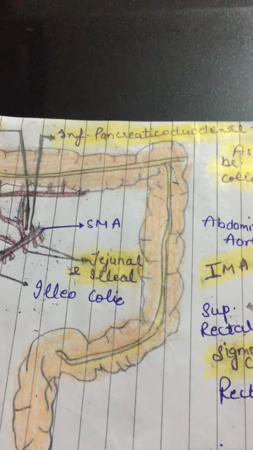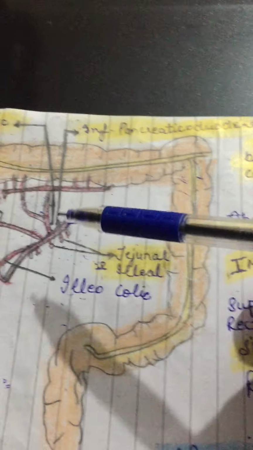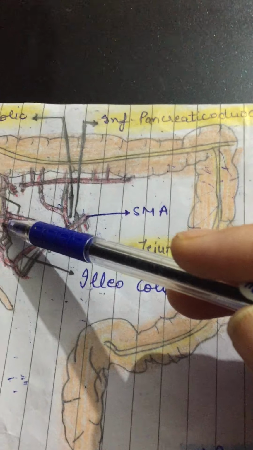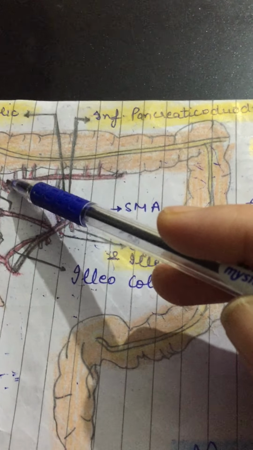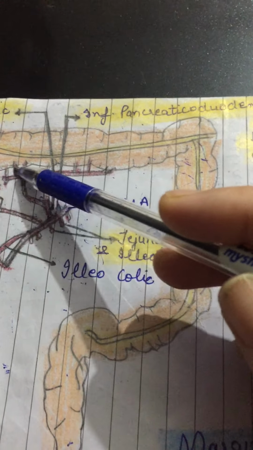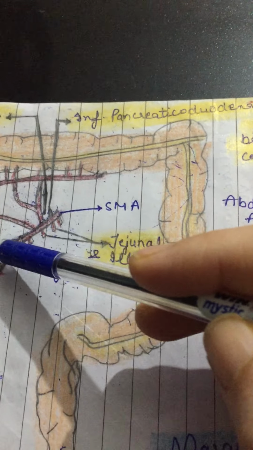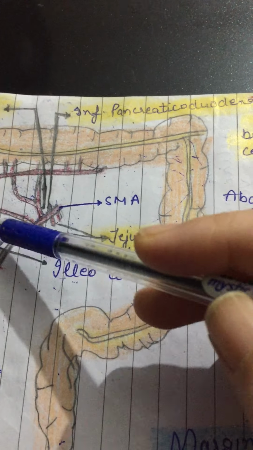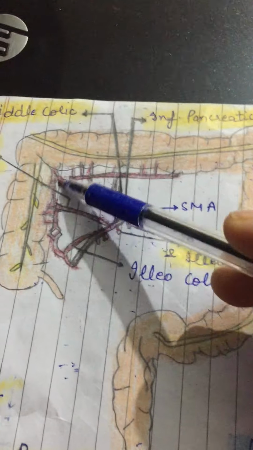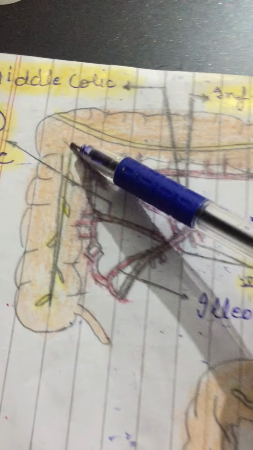So the branches form an arch here also, okay, and are distributed in the upper 2/3 of the ascending colon and right colic flexure, right?